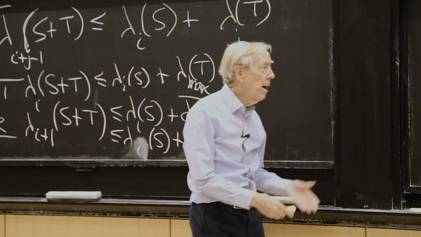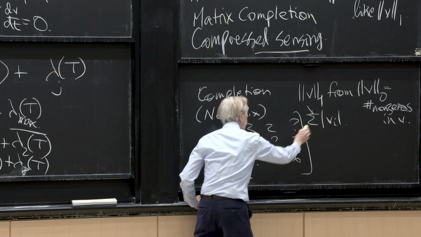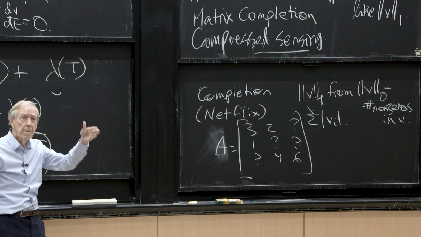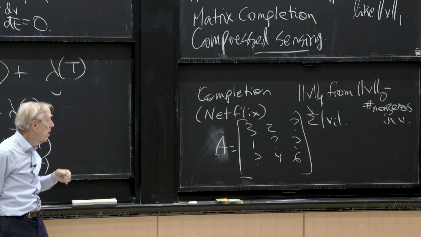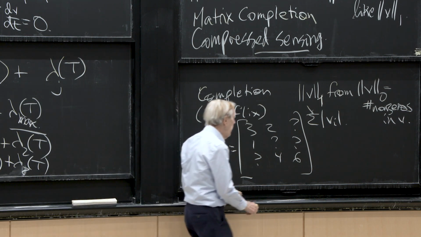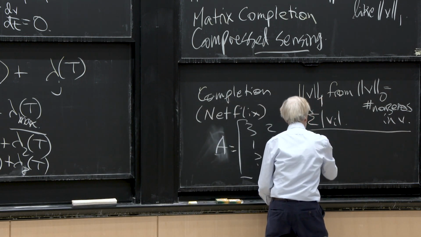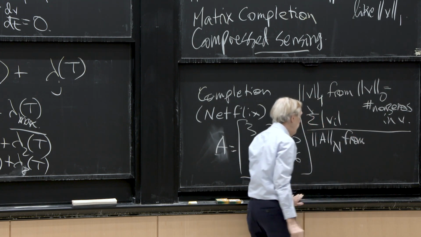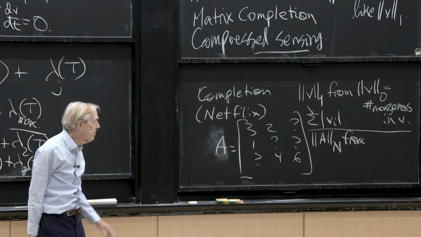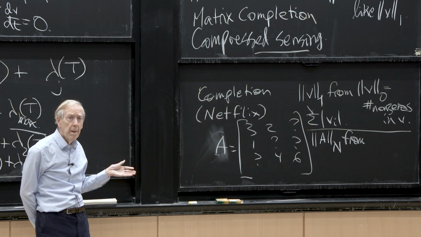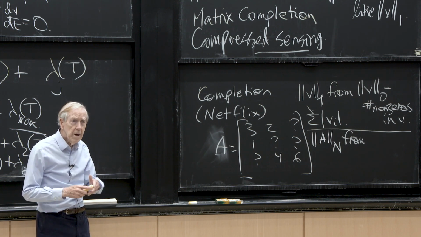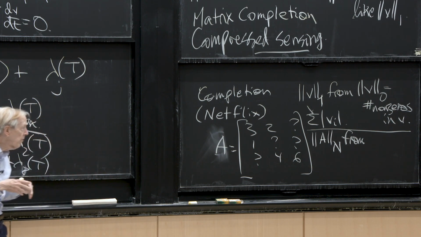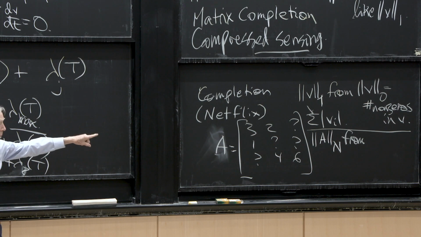Okay, but so I minimize this norm subject to the conditions. Now I'm just going to take a jump to the matrix case. What's my idea here? My idea is that for a matrix, the nuclear norm comes from what? What's the norm that we start with, but it's not a norm? The requirements for a norm fail for what I'm about to write there.